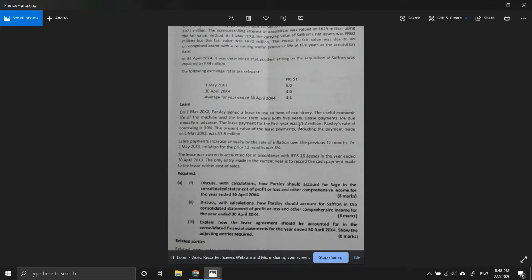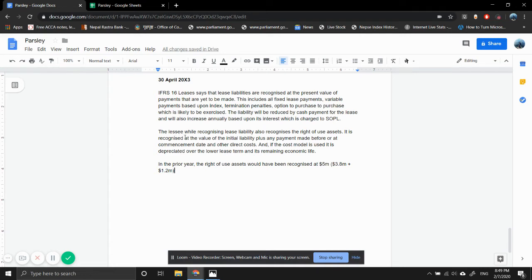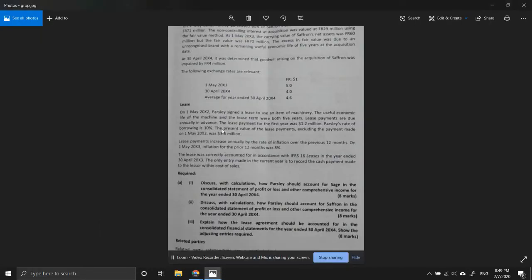Remember what we said: it's recognized at the value of the initial liability plus any payment made before or at the commencement date. So this was the payment made before, 1.2 million, and 3.8 million is our present liability because it's already given in the question, right? So easy.